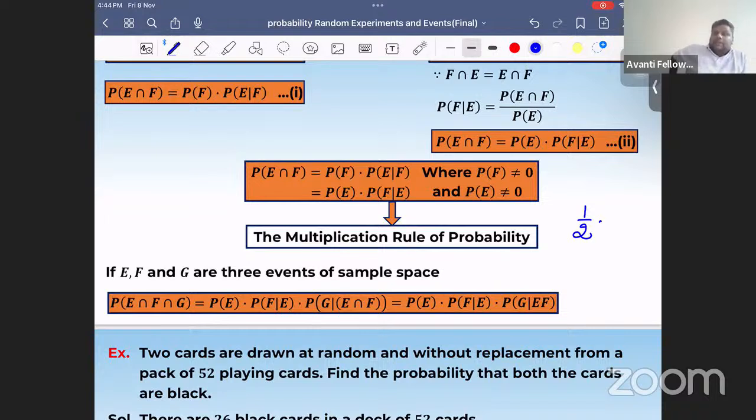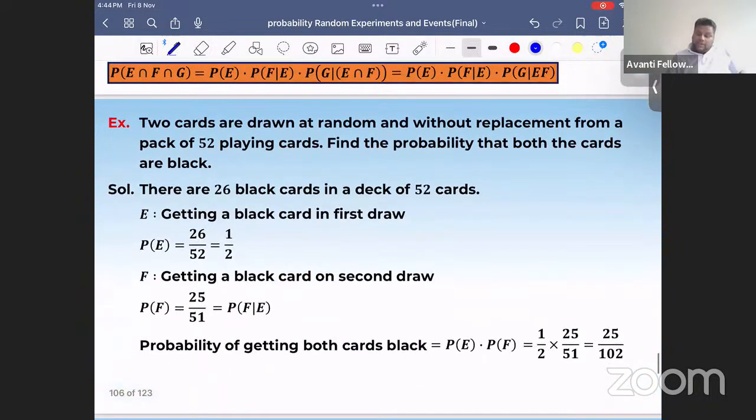Am I correct? Now you are drawing a card. What is the probability of drawing a black card? Out of 25, 1 will be drawn and out of total 51, 1 will be drawn. So your answer will be 25 upon 102.